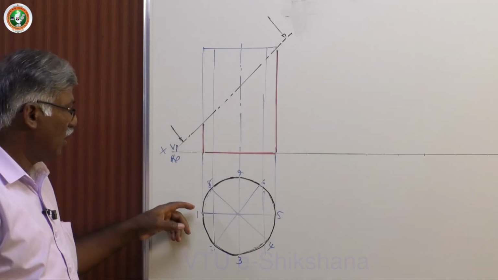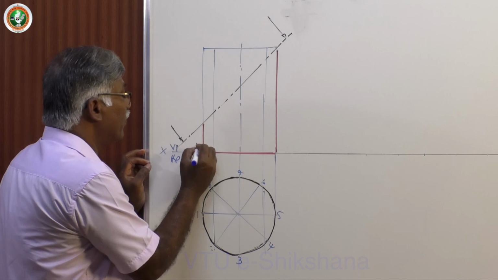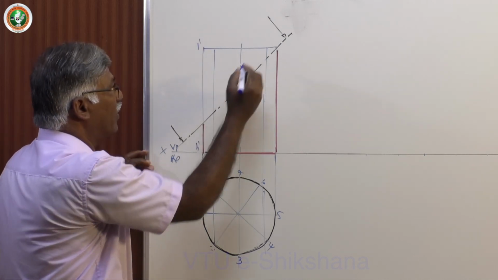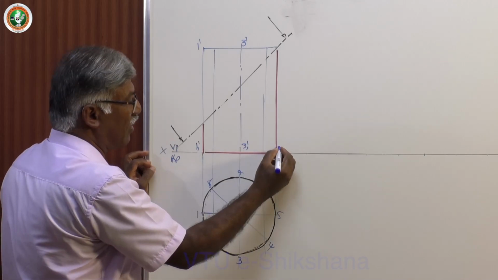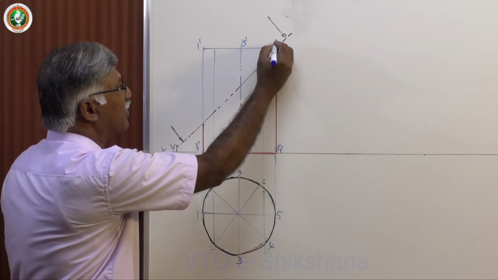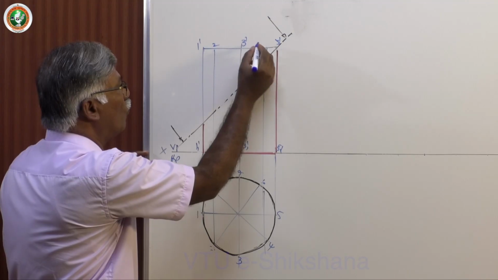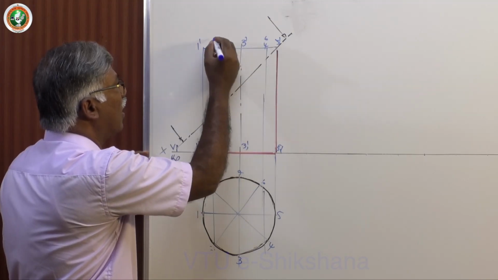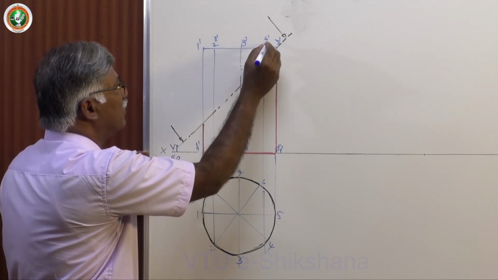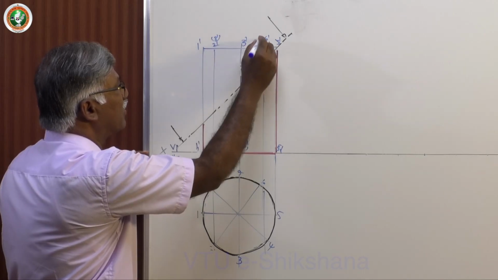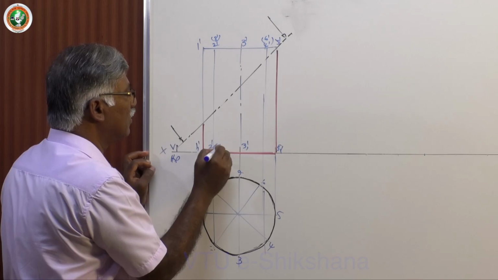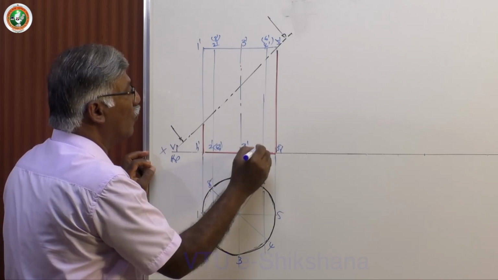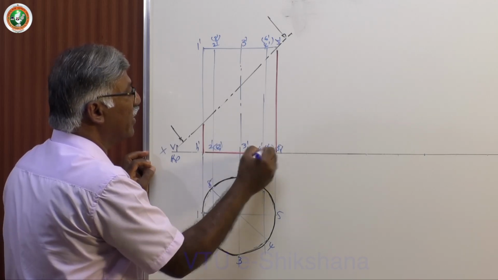Now, let me name these points 1 dash, 1 1 dash, 3 1 dash, 3 dash, 5 1 dash, 5 dash, in between 2, 4, 6 and 8. 8 and 6 are in bracket. Here also 2 1, 8 1. This is 4 1, 6 1 dash.